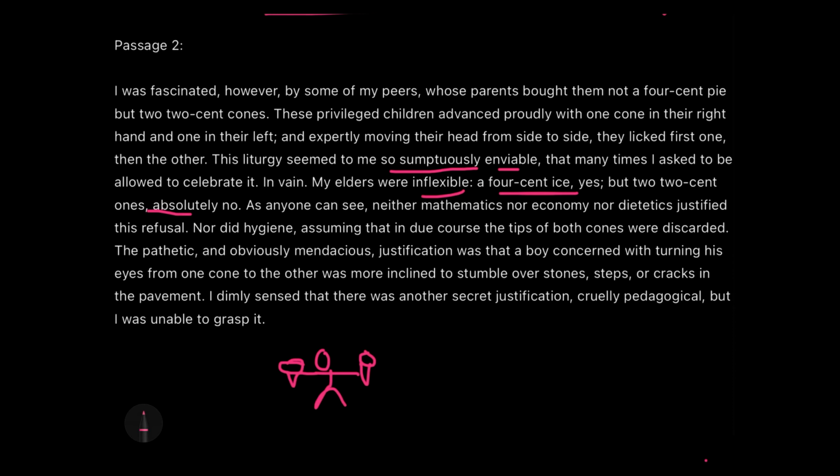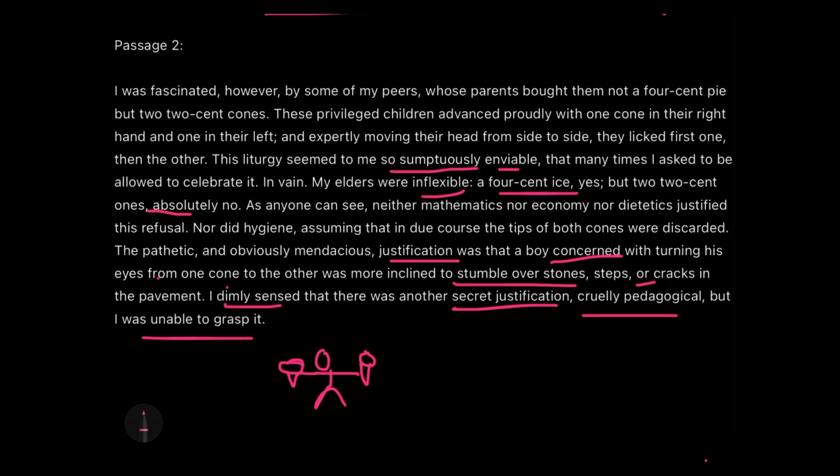The pathetic and obviously mendacious justification was that a boy concerned with turning his eyes from one cone to the other was more inclined to stumble over the stone steps or the cracks in the pavement. I dimly sensed that there was another secret justification, cruelly pedagogical, but I was unable to grasp it."